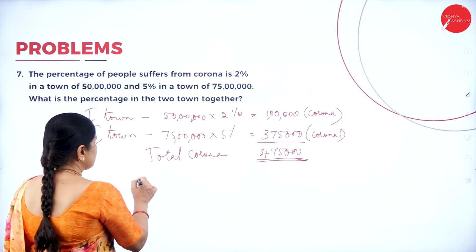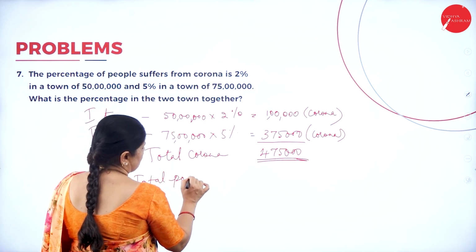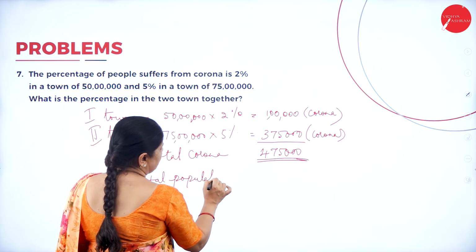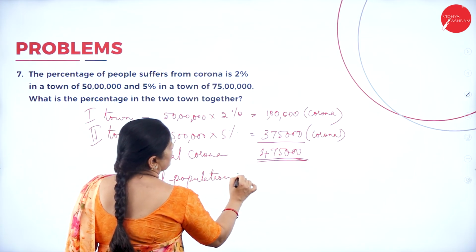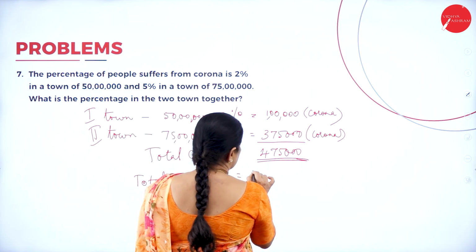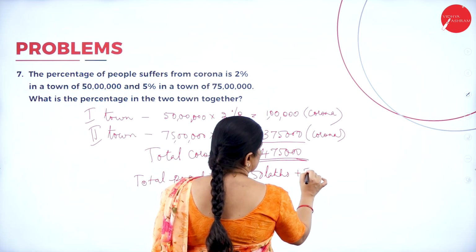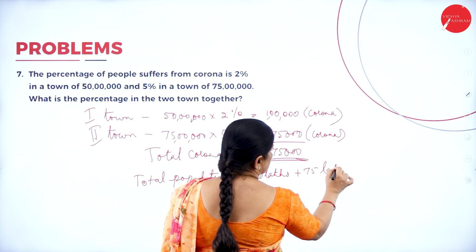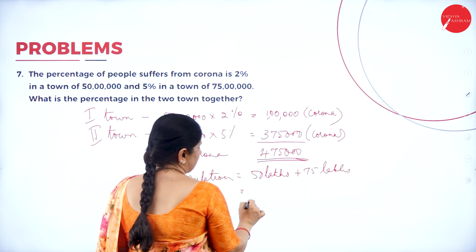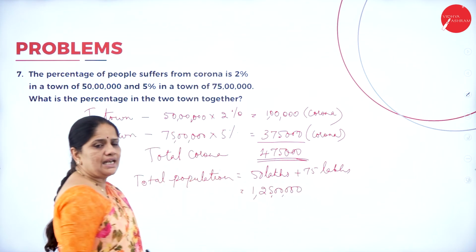So we add the total population. Total population equals, in the first town it is 50 lakhs plus 75 lakhs. So this will come up to 1 crore 25 lakhs.